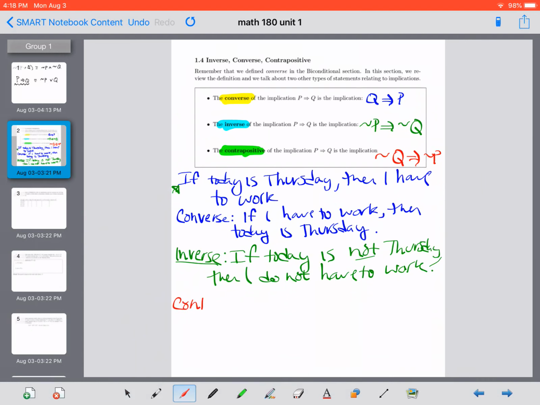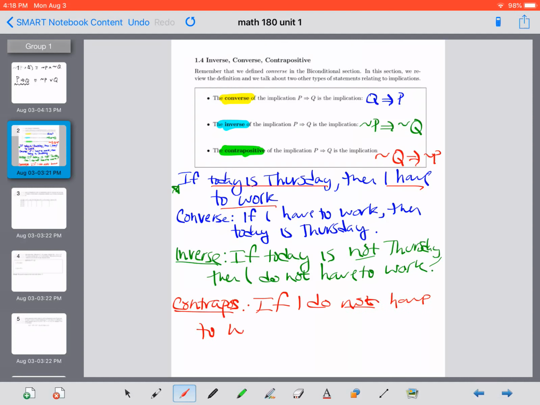Now the contrapositive is going to involve swapping the hypothesis and the conclusion and also negating them both. So if I do not have to work, then it is not Thursday.